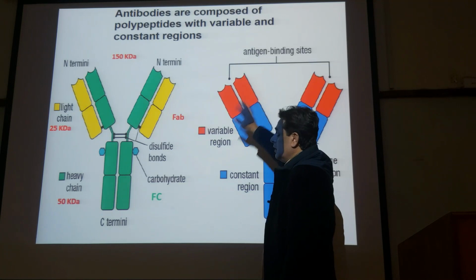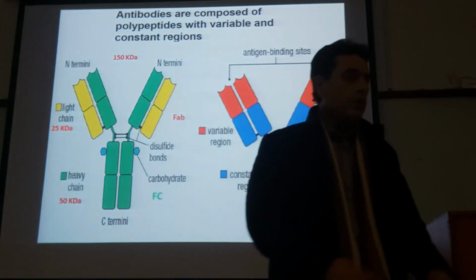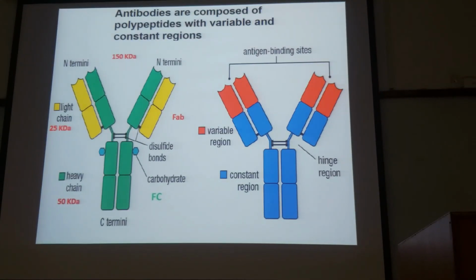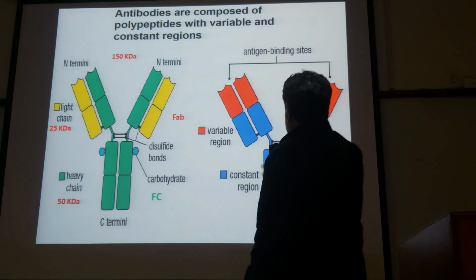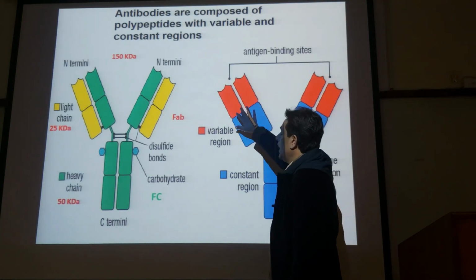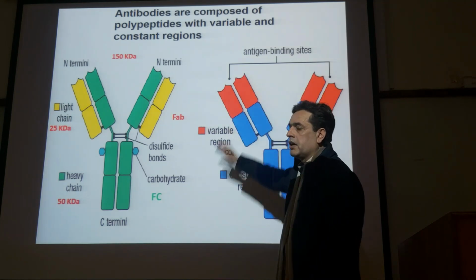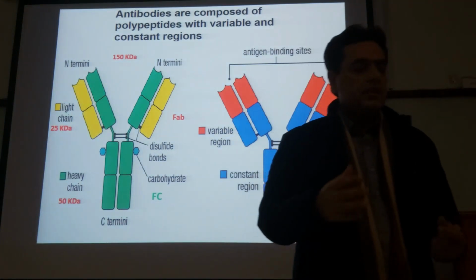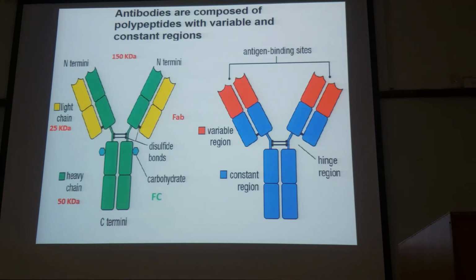The diversity of this specificity, as I told you, is that 10 raised to the power 9 different specific antibodies can be produced by the B cells. That is because of this variation in the amino acid sequences of the variable regions of the light and heavy chains. These genes undergo a lot of variation through the process of recombination.